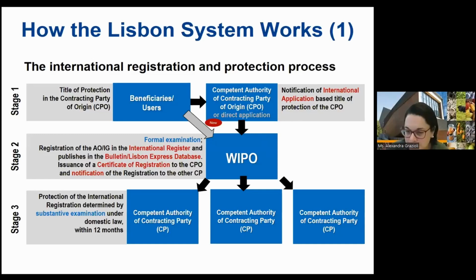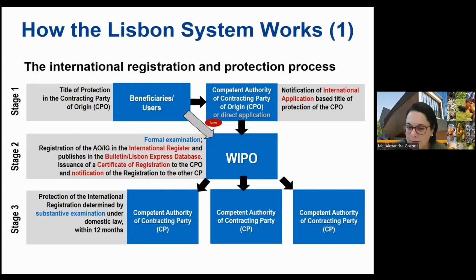WIPO makes a formal examination of that request. We check if all the necessary elements are present, such as the indication of the title of protection at national level, the mention of the GI to protect, and the mention of the product. These are the elements that we need to have in the registration.